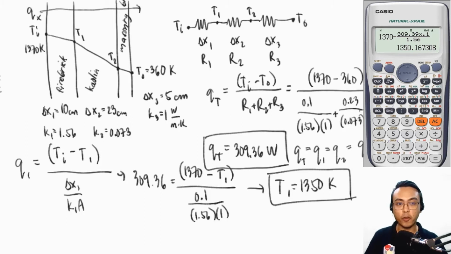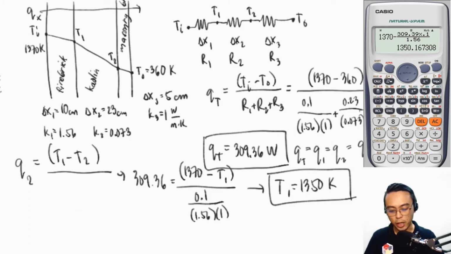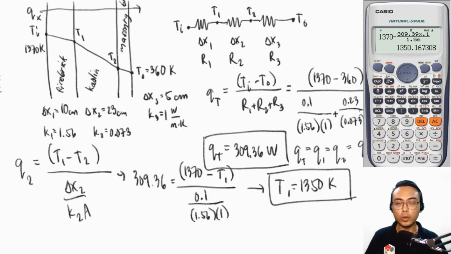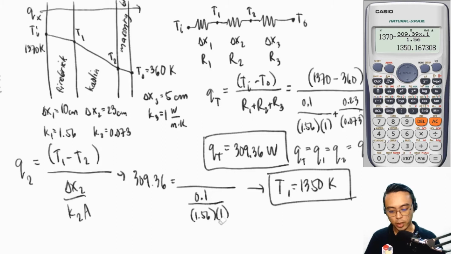Next, let's try to solve for T2. When solving for T2, we simply have to change our equation from Q sub 1 to Q sub 2, and then our driving force will also change. If you take a look at our resistance diagram, our driving force will now be equal to T1 minus T2, and our resistance would become delta X2 over K2A. So it's the same process. And remember, Q2 is still equal to Q total. So that's still equal to 309.36. We will just be changing our numerator and denominator.